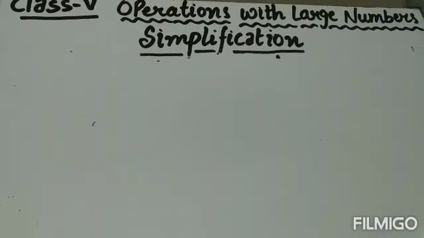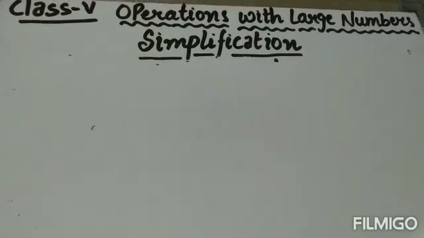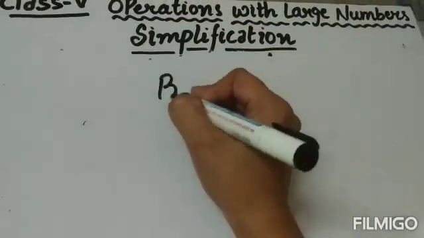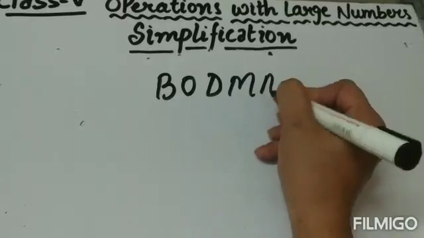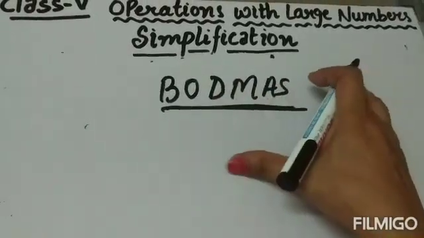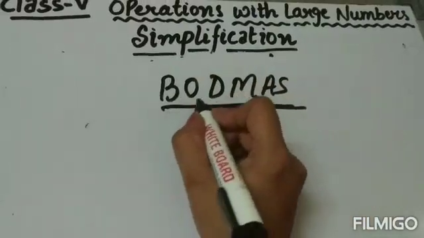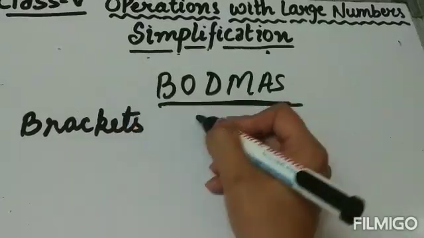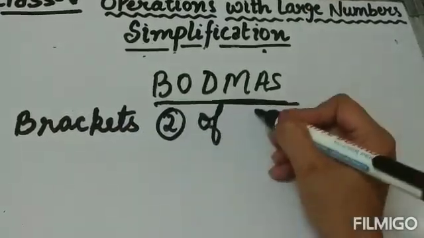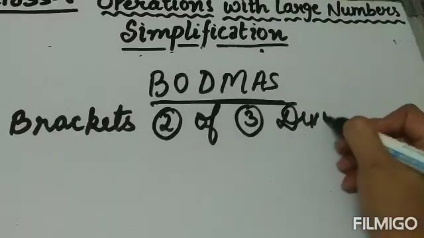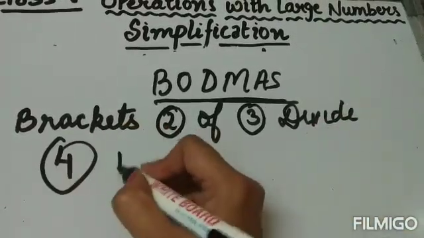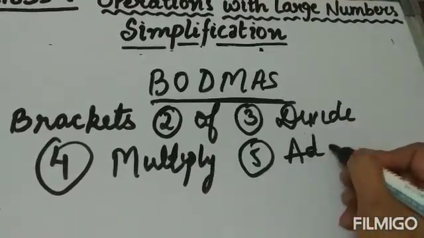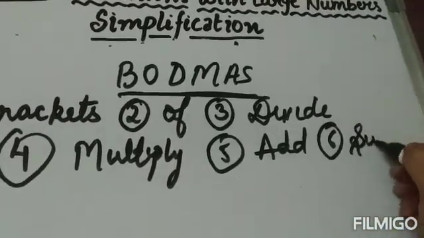And when there are brackets in the simplification sums, the order in which we have to do the operations is BODMAS. Okay, in this order we will do the operations. So BODMAS is brackets. First of all we will solve brackets. Second is off. Third is divide. Fourth is multiplication, fifth is add, and sixth is subtract.